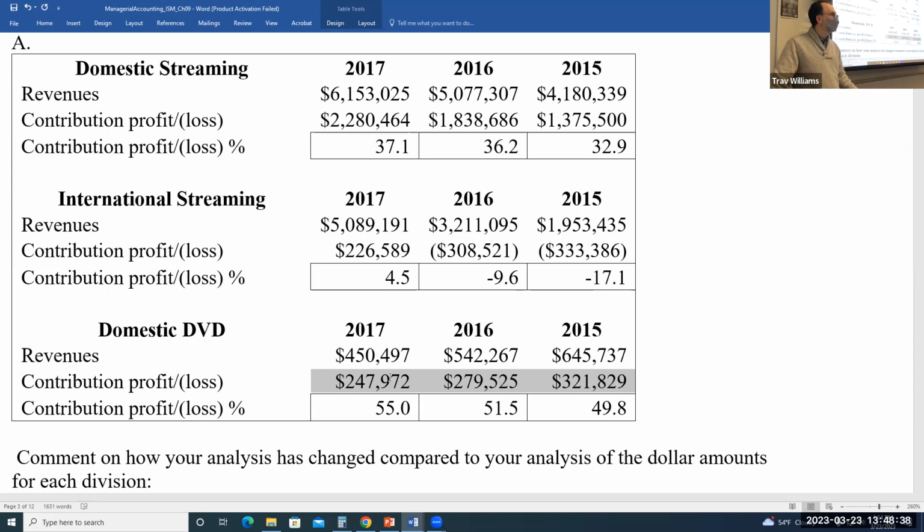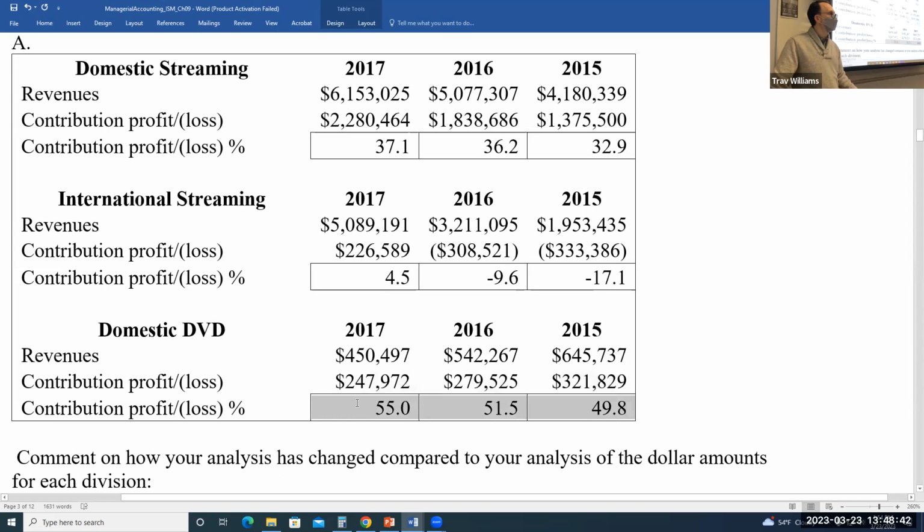The profits are going down, but their profit as a percentage of revenues is going up. How do we explain that? Moving away from DVDs, so we don't have any more costs. Well, yeah, it does have to do with the costs, right? Their costs are going down faster than their revenues are going down. Even though their revenues are going down, for some reason their costs are going down faster.